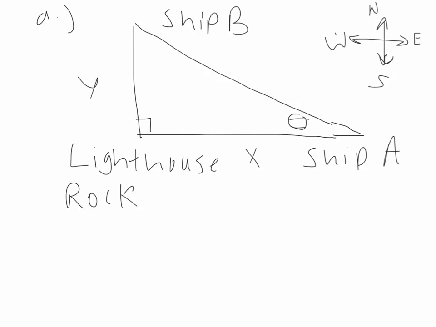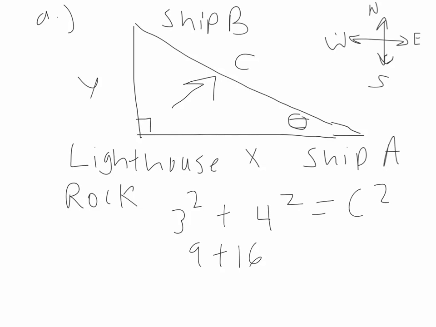This is fairly simple, as this is a right triangle. So when X equals 3 and Y equals 4, and they're asking for the distance between Ship A and Ship B, really what you're finding is the hypotenuse. So you just do the Pythagorean theorem, 3 squared plus 4 squared equals, let's call this C squared. 9 plus 16 equals C squared.